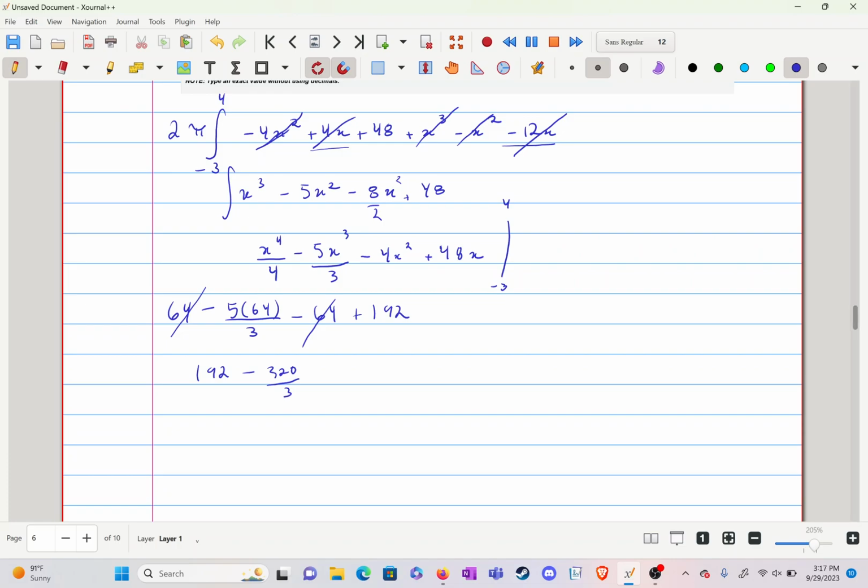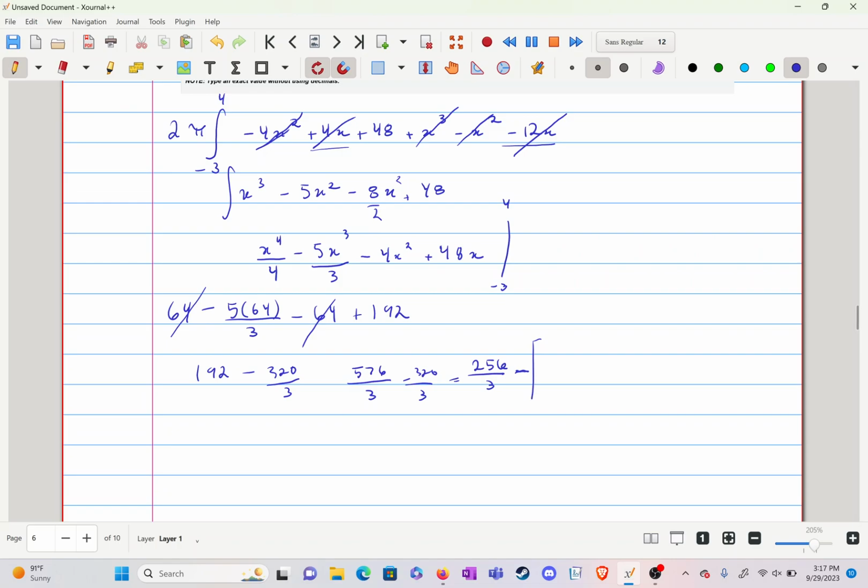We'll simplify that right now. So we have 576 over 3 minus 320 over 3. That is equal to 256 divided by 3. Once again, not divisible, so we can move on to negative 3.